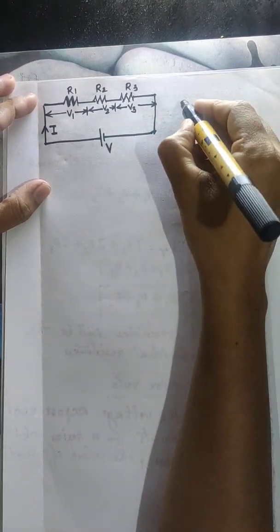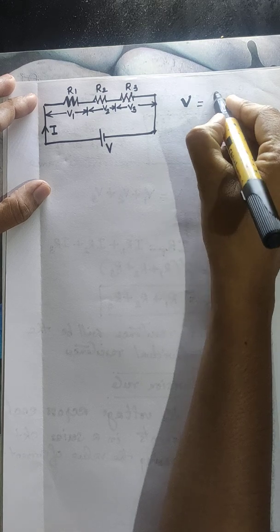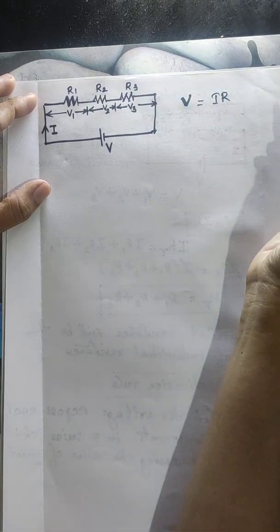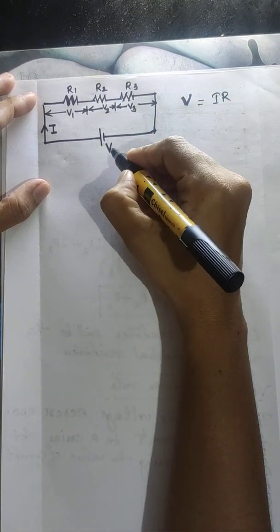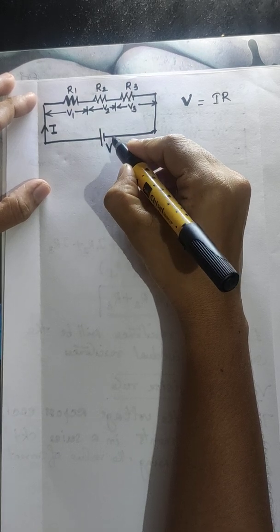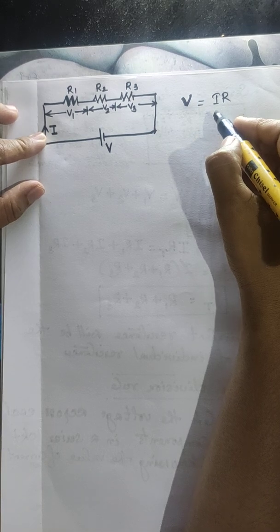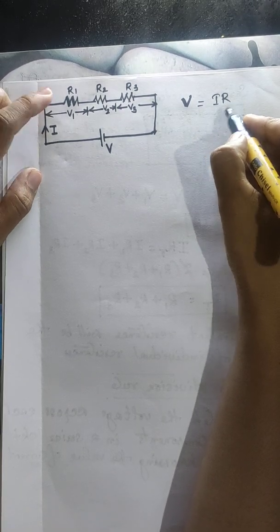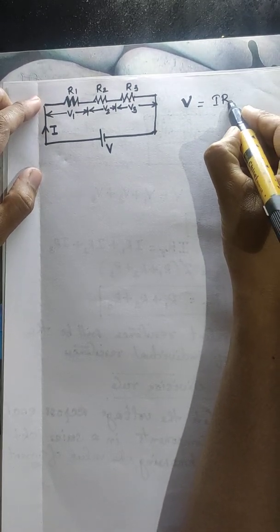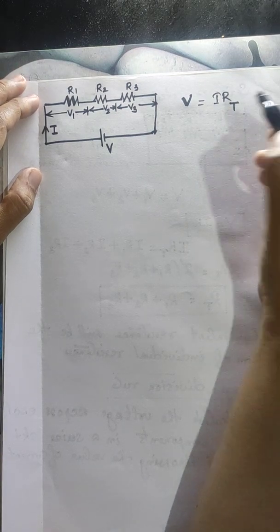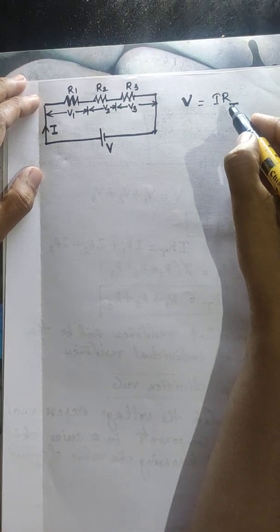Okay. Now, by Ohm's law, we know V is equal to I into R, or the total voltage applied across this circuit, V is equal to total current flowing through the circuit, that is I, into total resistance of the circuit, that is RT. And we know how to calculate this total resistance.